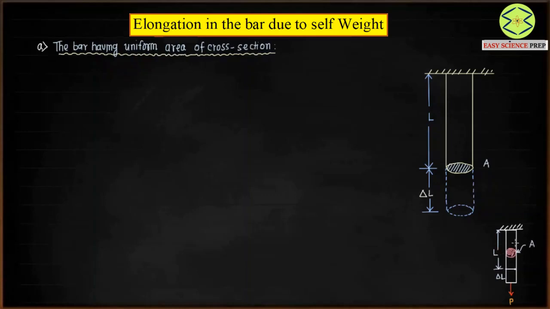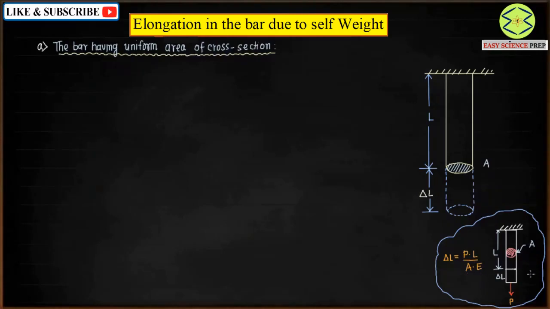If the area of cross section of the bar is A, the elongation of the bar is given by the expression delta L equals the axial load times original length divided by area of cross section times the modulus of elasticity, that is PL by AE. This is the standard case when a bar is subjected to an axial load and we have considered the weight of the bar as negligible.